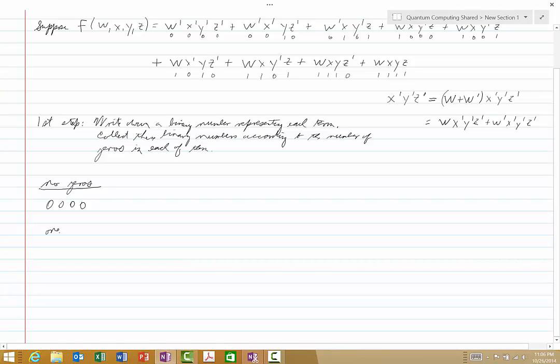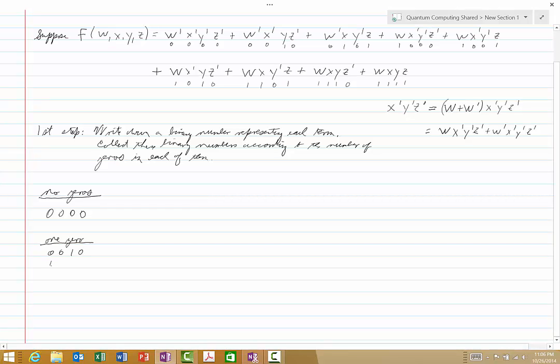Now let's list all terms that have 1 0. Well, 0, 0, 1, 0 is one of those, and 1, 0, 0, 0 is another one. And those are the only two that have 1 0. And let me also, while I'm at it, write down beside each of these the term that it corresponds to.